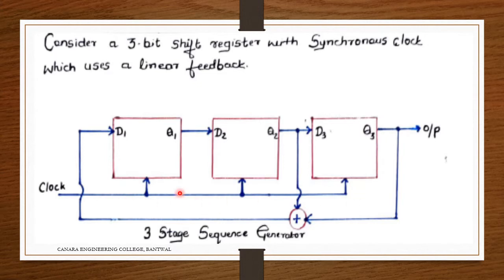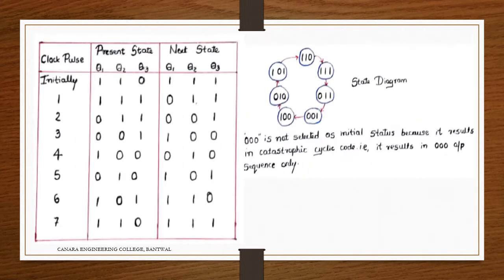After one clock, the data bit of D1 will be shifted to the next stage, and Q2 and Q3 will act as a modulo-2 adder, and that will be given back to D1. So you have to understand what the output sequence is.